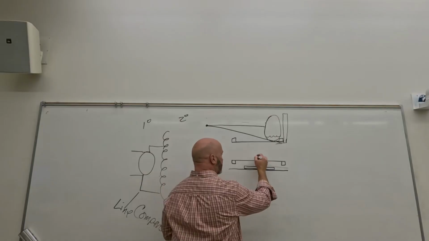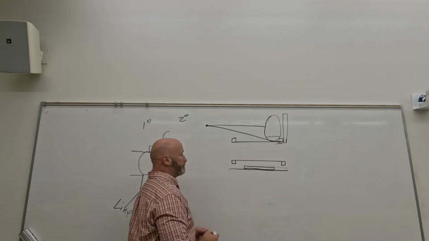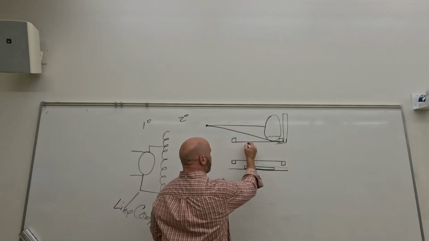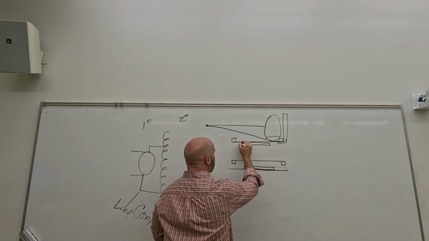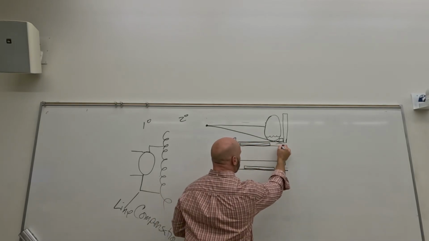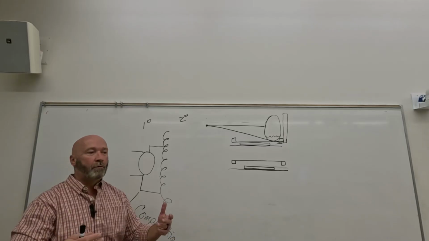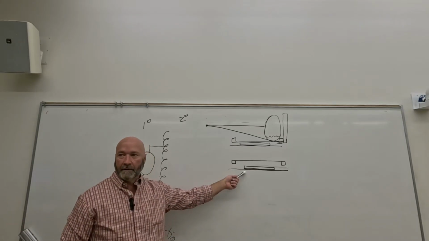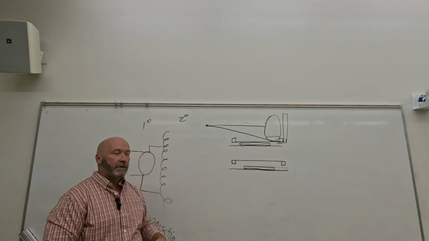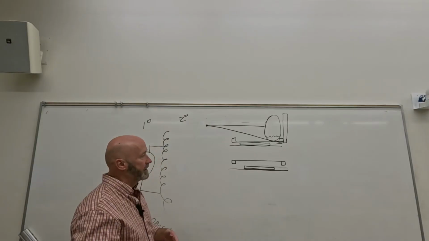How much of an increase in OID do we have from here to the image receptor, compared to if the image receptor slides right there and the bucky tray is here? Which one gives us more OID? Yeah, this one. So both have benefits, both have drawbacks.